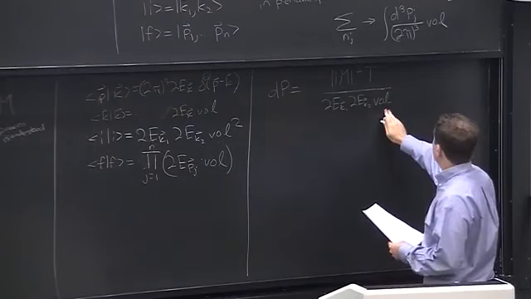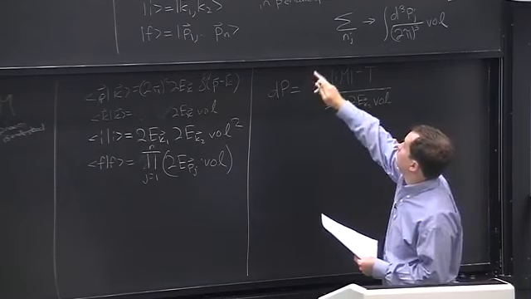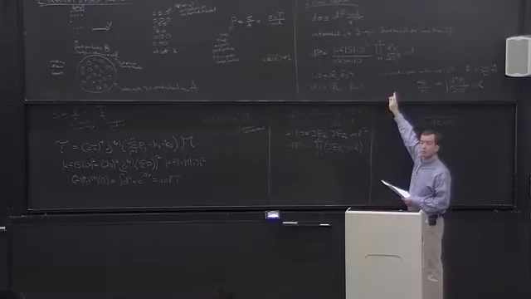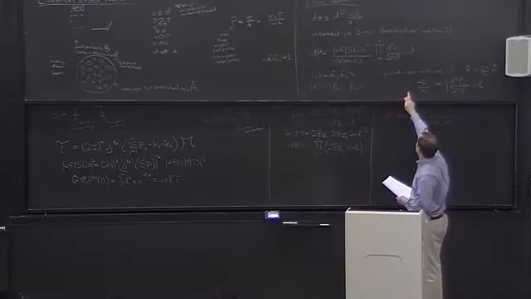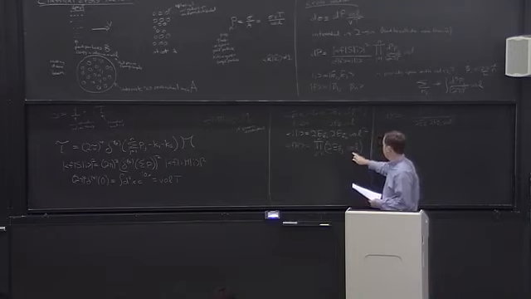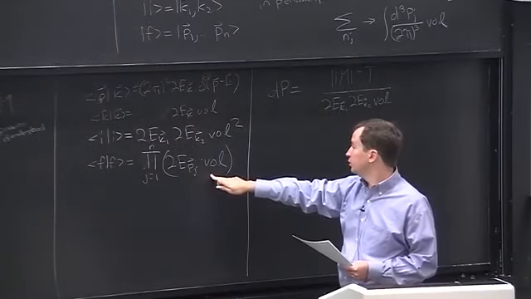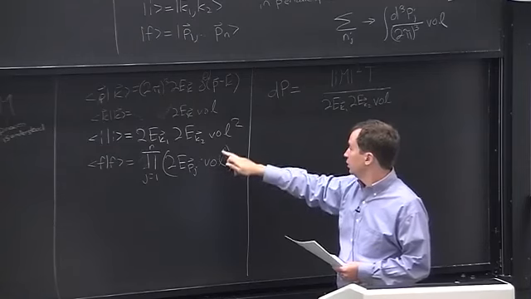And if we count factors of volume in the measure, in the dp cube term, we have n factors of the volume, which cancel off the n factors of the volume from the normalization of the final state. So those cancel.